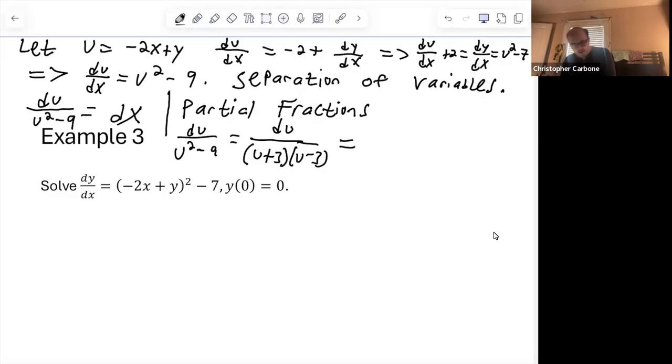Applying that partial fraction algorithm, the same exact way we previously did, would give us 1/6 times 1 over u minus 3 minus 1 over u plus 3.